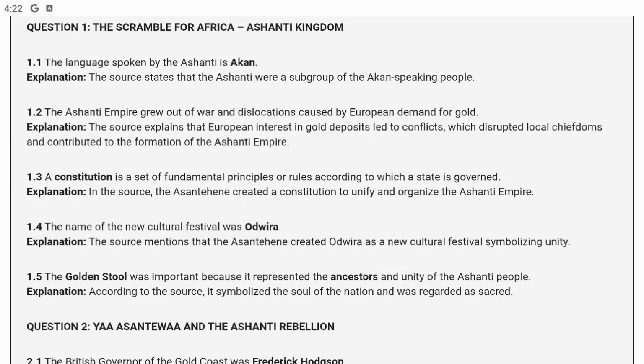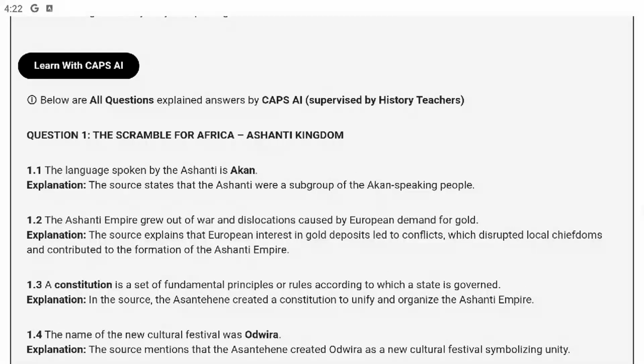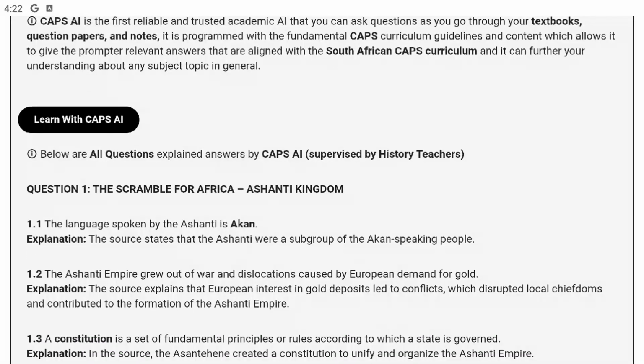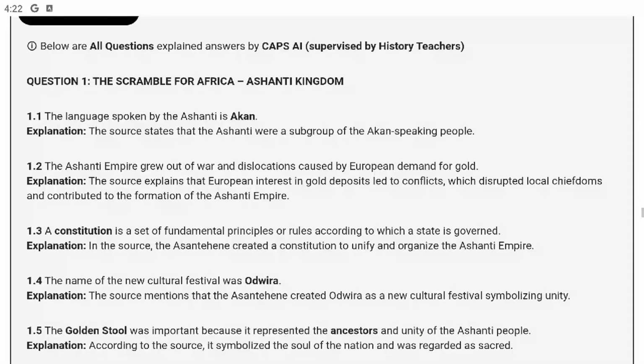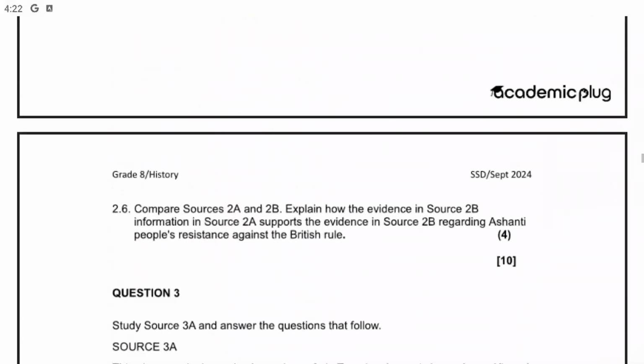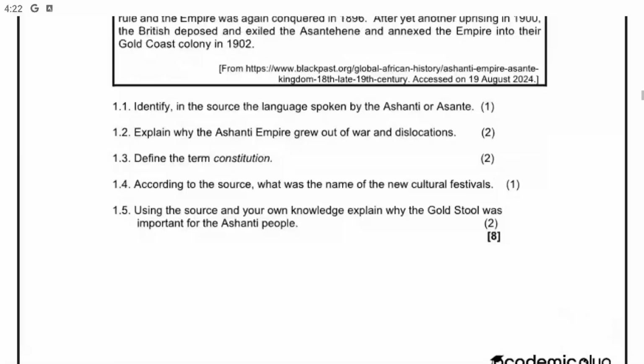So for these questions, you're not asked to explain. We are only using CAPS AI for the explanations, but as far as the marks and the question that was asked, you are required to simply give answers to what you are asked, right?